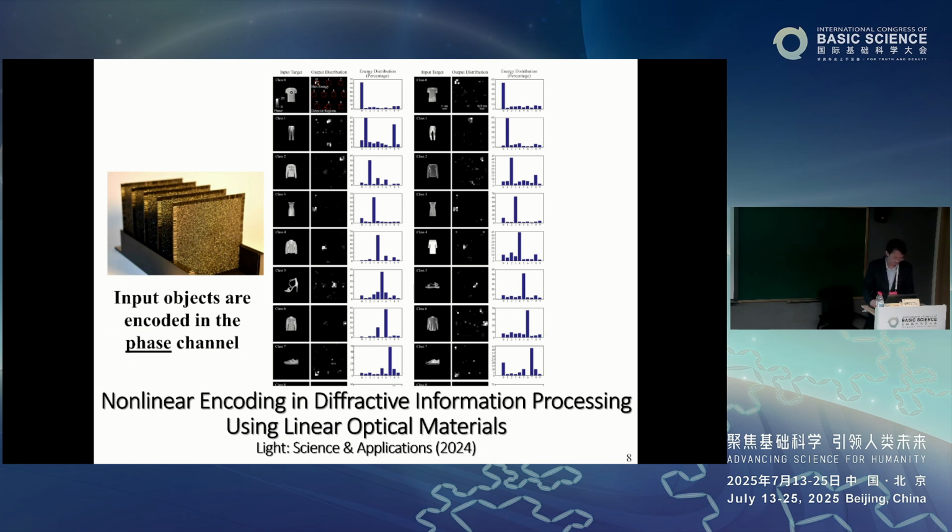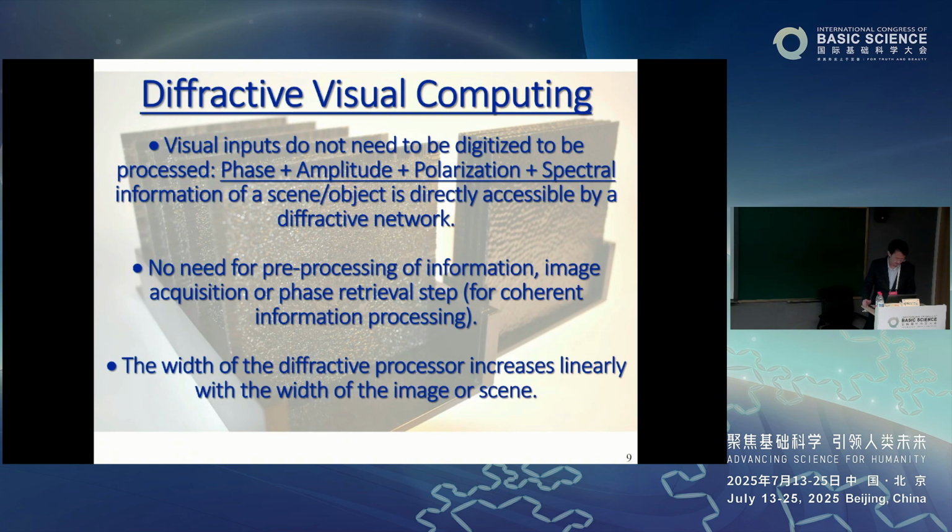The research work was first published in Science in 2018. In this work, diffractive optical computing and the diffractive network were proposed for constructing intelligent physical systems to perform mathematical computations.